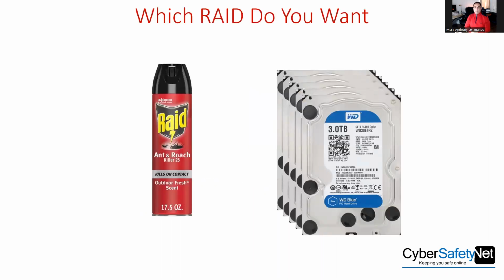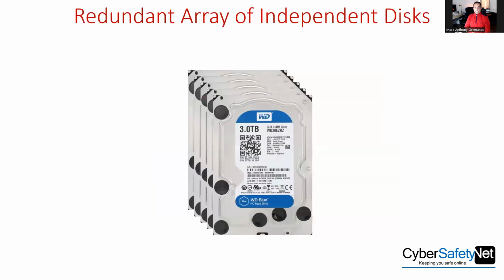10 seconds. Remember, we're talking about computers here. Yes, the correct answer is the RAID that involves multiple drives. And when these are put together, we call them RAID, or redundant array of independent disks.